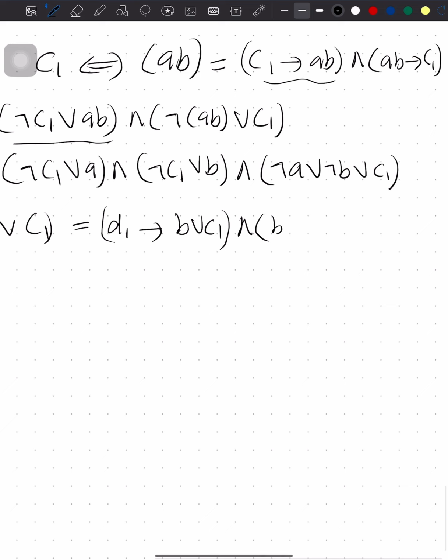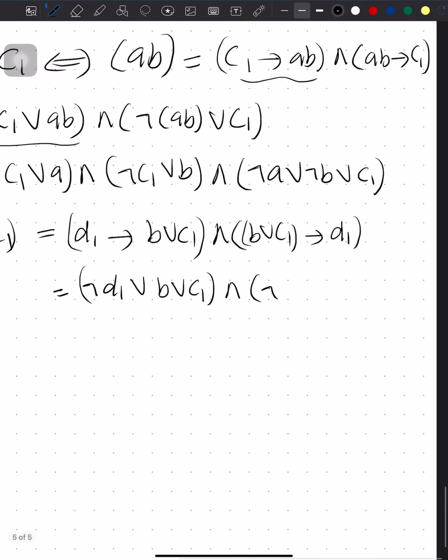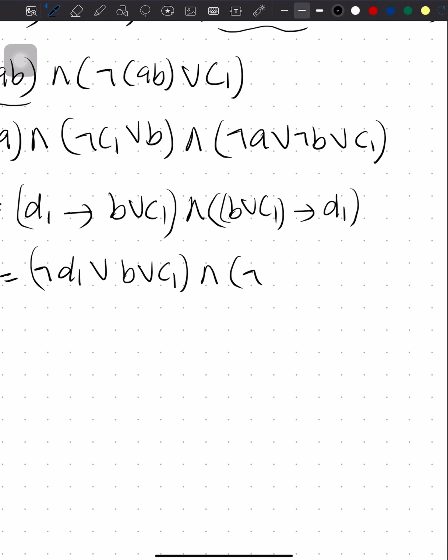And B or C1 implies D1. And we can further simplify this as not D1 or B or C1, and, again I'm just using De Morgan here, not B and not C1 or D1.